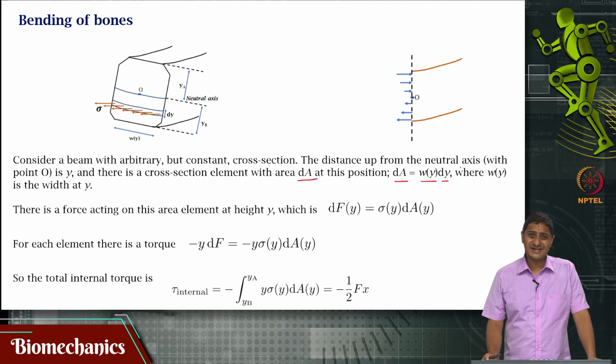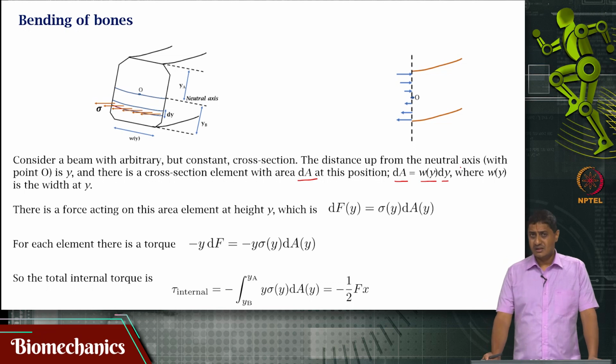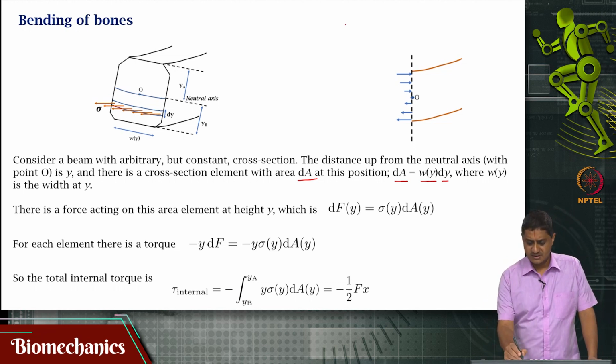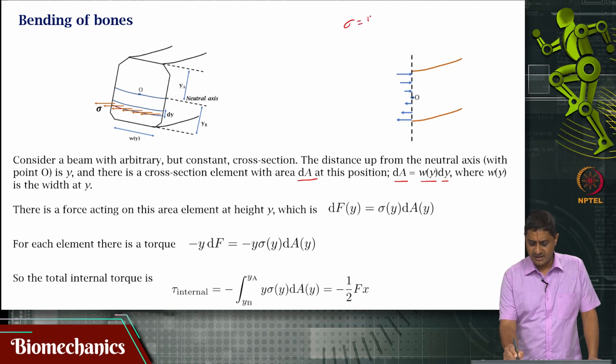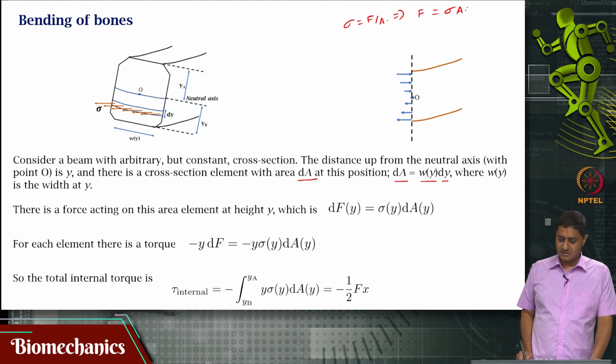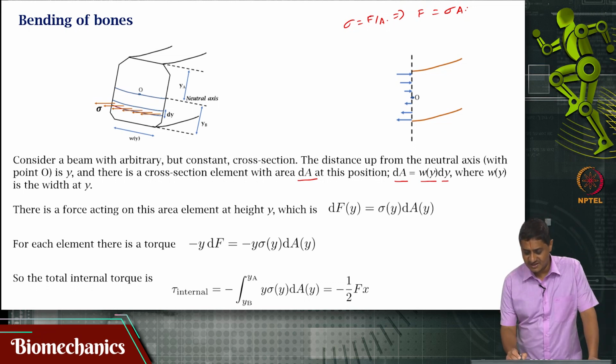What is the force that is acting at this point? We know that sigma is f by A, so I know f is sigma A, is it not? So, this small infinitesimal force that is acting at this point is dF of y is sigma of y times dA of y.